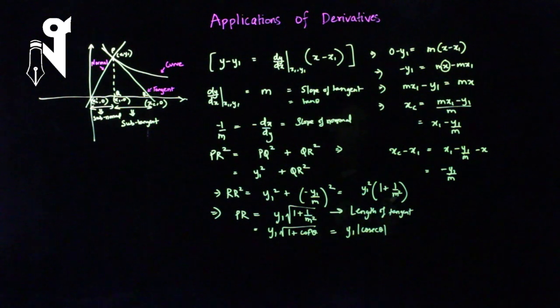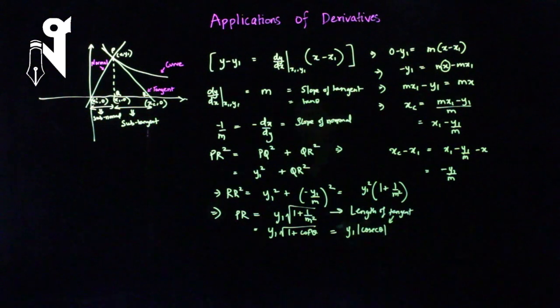So y1 mod cosecant theta is also the length of tangent, where theta is the angle subtended by the line with the x-axis. So tan theta is the slope again. Alright, so I got the length of tangent.